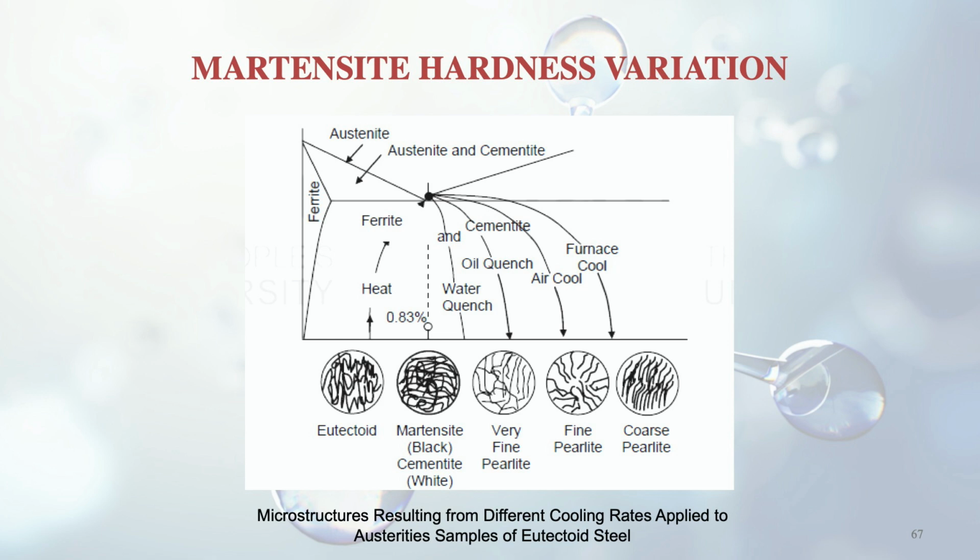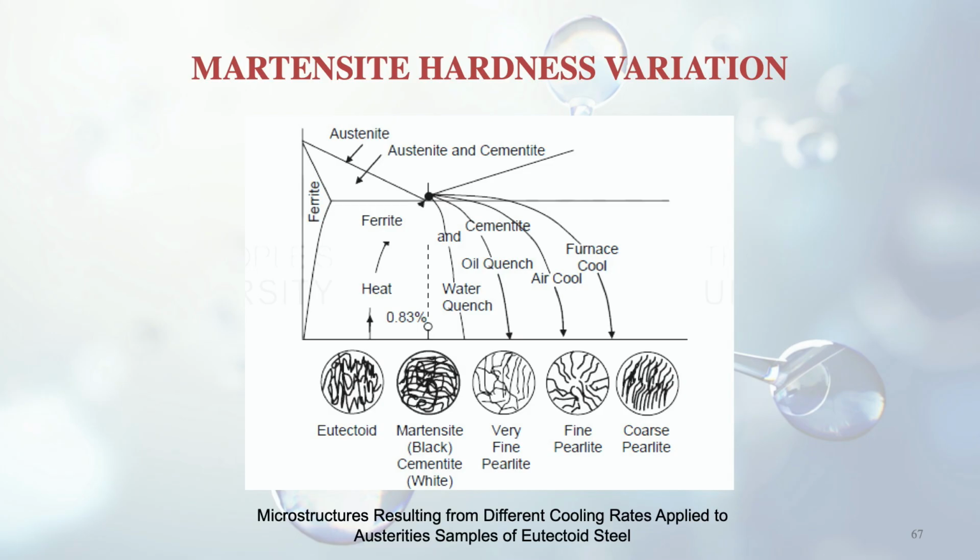If there is furnace cooling, then it results in coarse pearlite, meaning the grain growth is more and it gets time to grow. Then there is air cooling, meaning fine pearlite, meaning the structure growth rate is lower. They are not completely grown, they are in small parts, small shapes, so that's why they are fine.